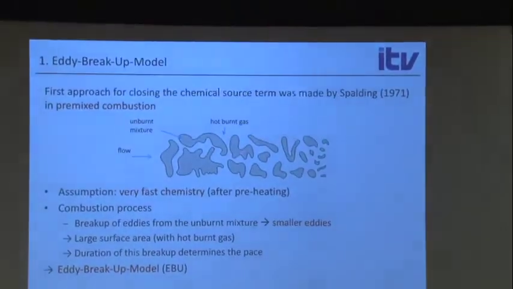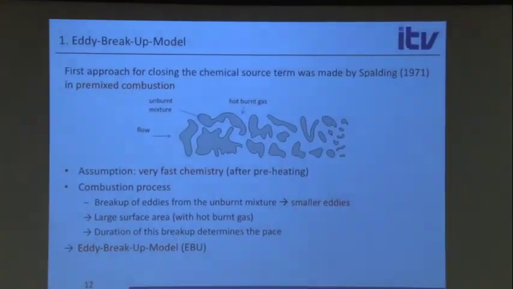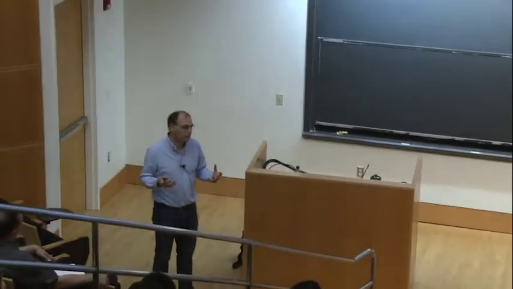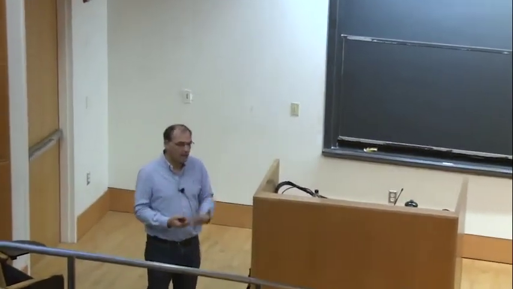And so he came up with a model that's really based on the idea that the chemistry proceeds by mixing. So mixing is the controlling step, and then the chemistry is just whatever mixing dictates.